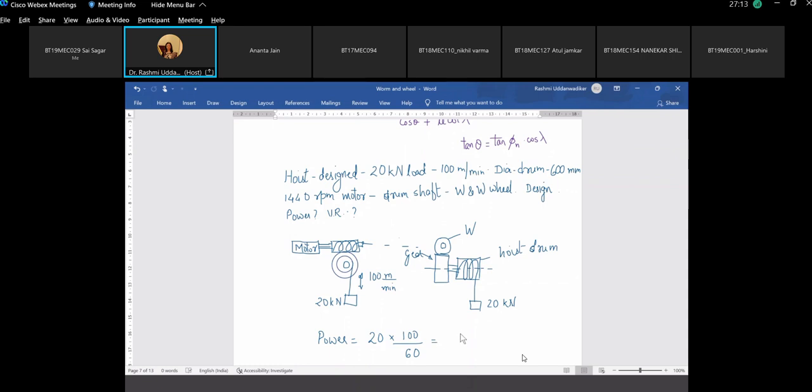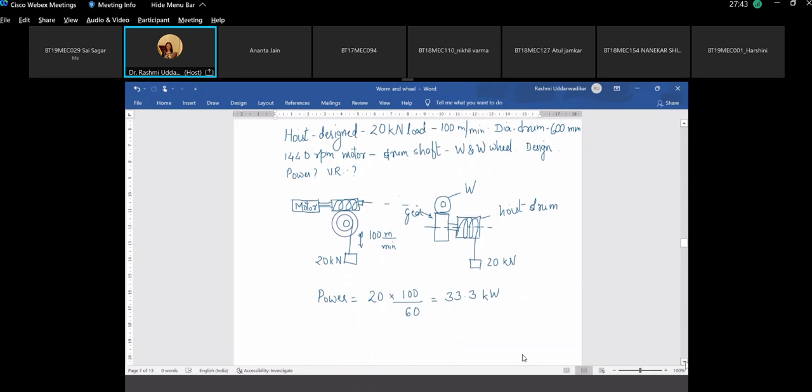Give me the answer. 33.3 kilowatt, you are right. Now this is the rated power or design power? This is the rated power. This is the actual power required, but we have to design it for a value little higher than this.